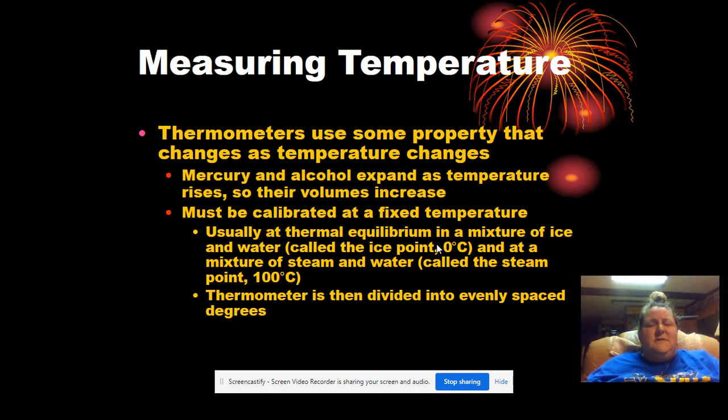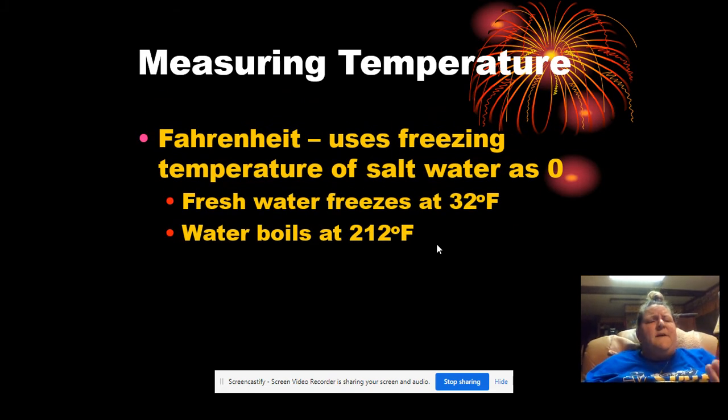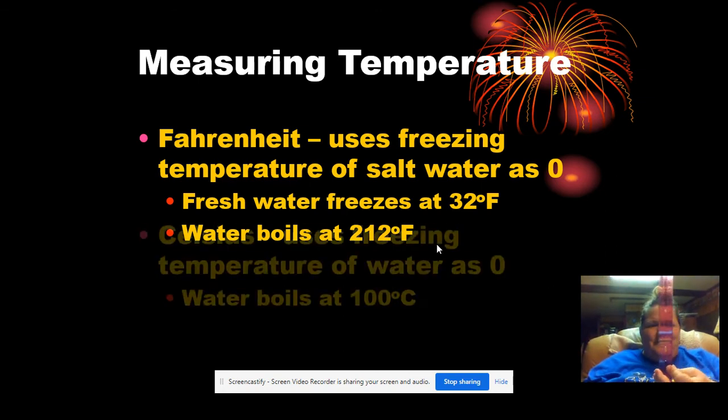So, hence the Fahrenheit scale, the Celsius scale, and Kelvin. Fahrenheit is used here in the United States. We're one of the only countries that still uses Fahrenheit. On the Fahrenheit scale, fresh water will freeze at 32 degrees Fahrenheit. Water boils at 212 degrees Fahrenheit.